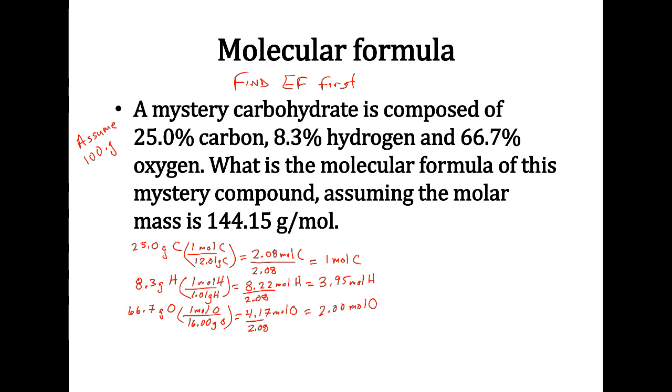So I would say that this 3.95 is close enough to 4 that we can round it. So that means our empirical formula is CH4O2.